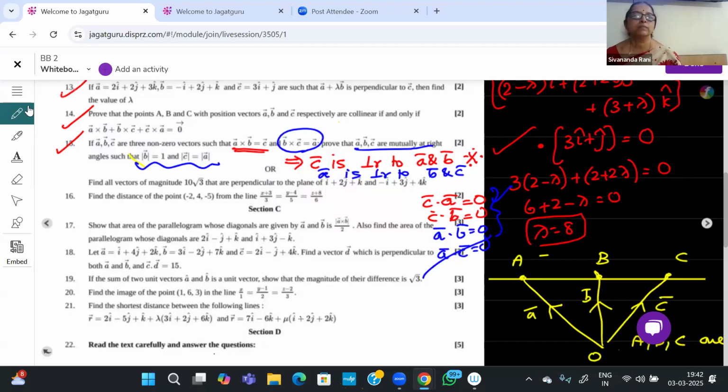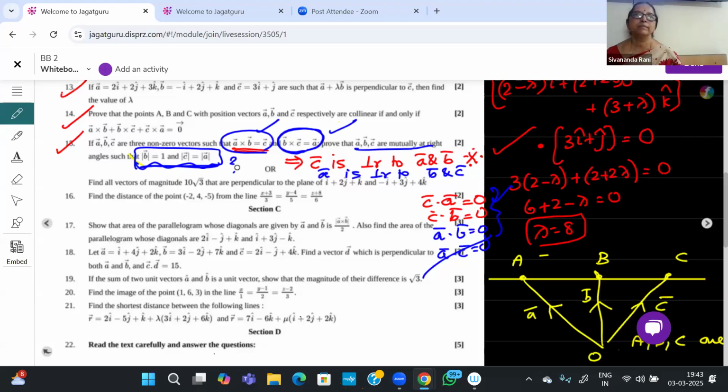They are asking you to prove this from what is given here only, so you have to make use of these. But earlier, we have proved that C is perpendicular to A and B. That is the first part we have proved. Second part, C is equal to.